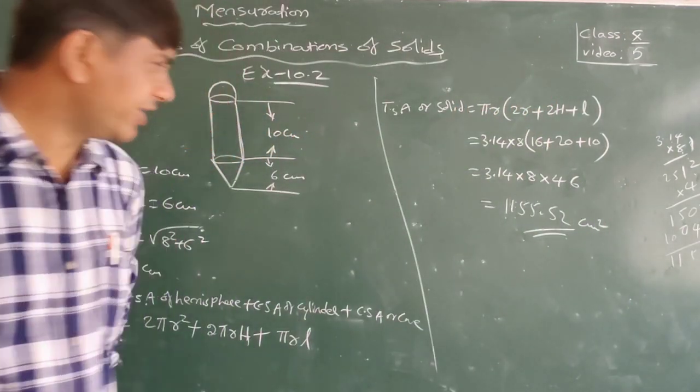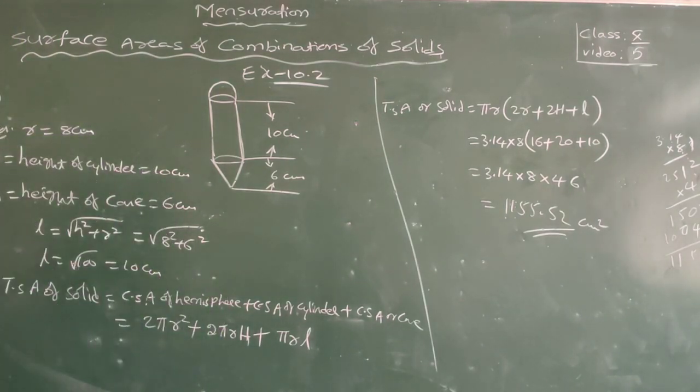Once again, check that one in the textbook. It will be 1156 point something, I think. There is a difference of one value I am getting. Check once whether the calculation is correct or not.